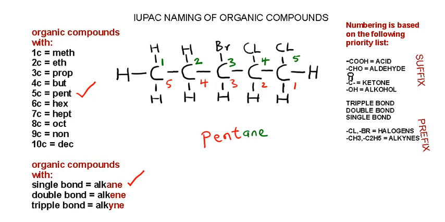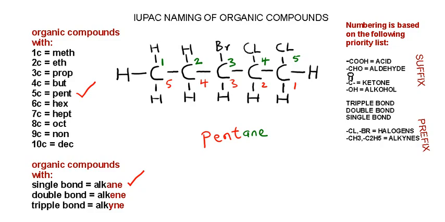Therefore, we are going to choose the lowest number. 2, 3, and 1 is lower than 3, 4, and 5. So we are going to choose 3, 2, and 1, which is numbering in backward direction.